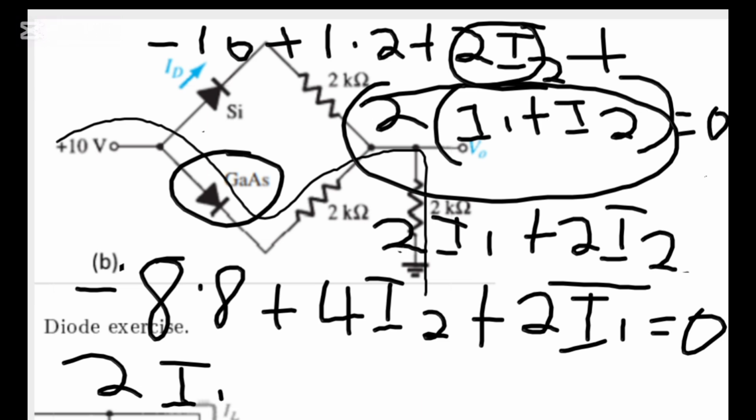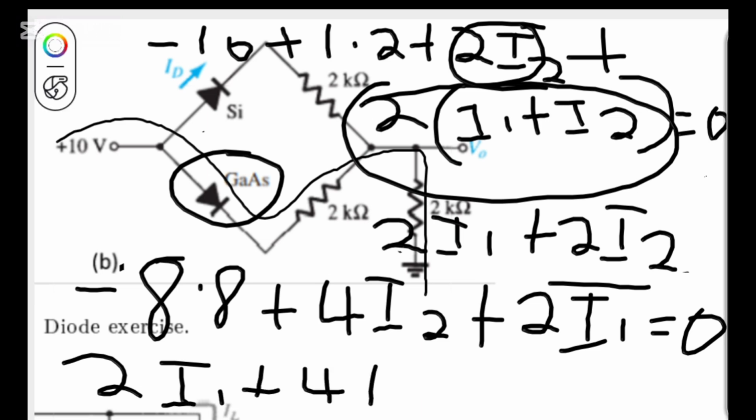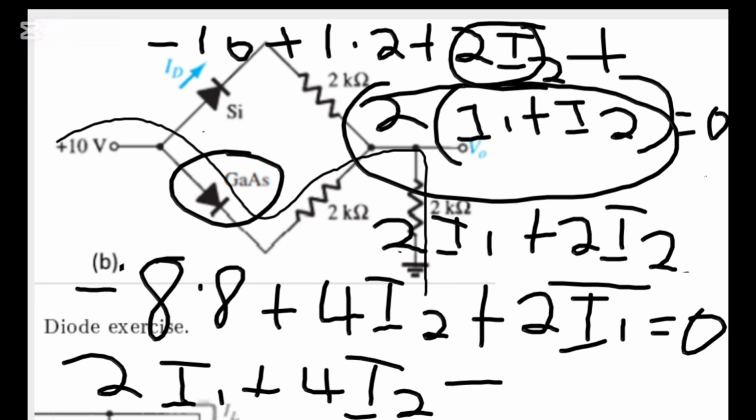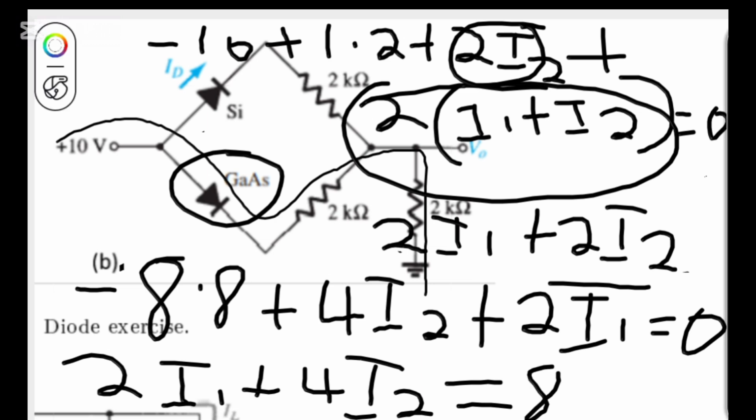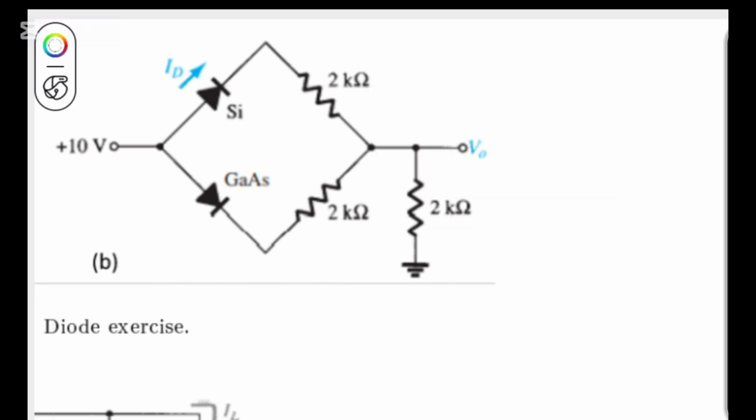The next thing that I'm going to do here, I have I1 first. So 2I1 plus 4I2 should now be equals to negative 8.8, should cross the equal sign, and I will get 8.8 as my equation 2. So don't forget to keep down this equation 2. So let me keep down equation 1.